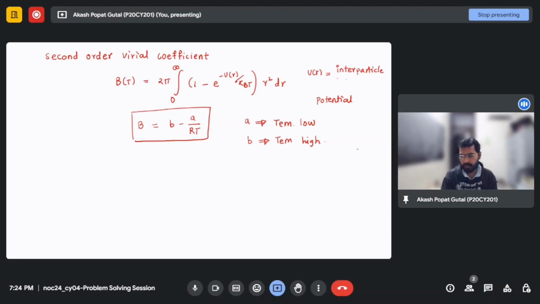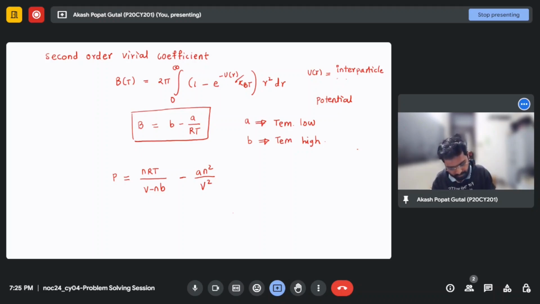After that we also saw the van der Waals equation for real gases. So we know the van der Waals equation for real gases, in terms of pressure we can write P is equal to nRT divided by V minus nb minus an square divided by V square.